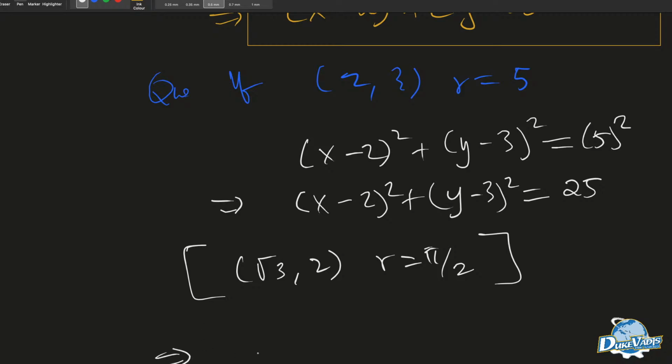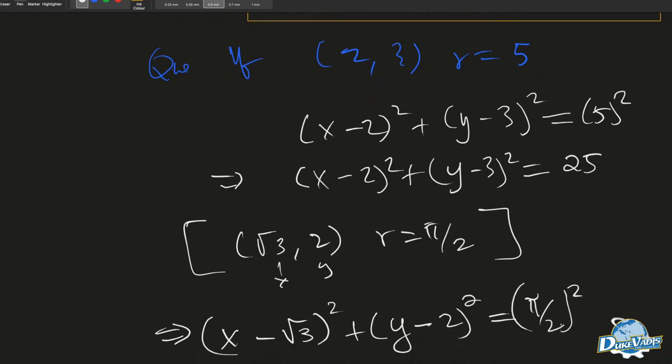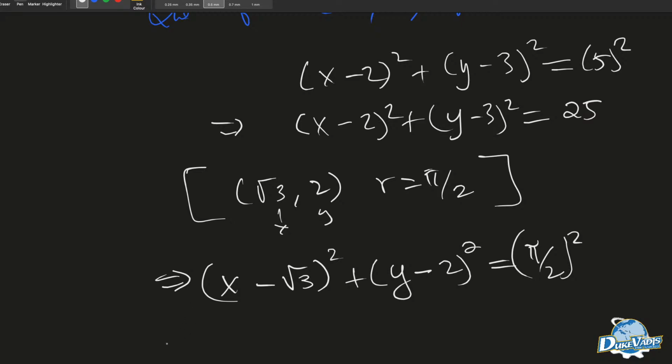So therefore, we can say that since this is x and this is y, we say x minus square root of 3, squared, plus y minus 2 squared is equal to (pi on 2) squared. And this will be the equation of the circle.